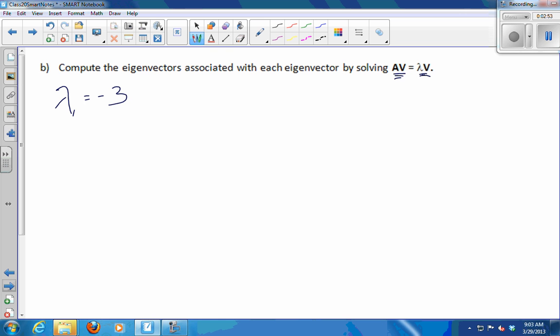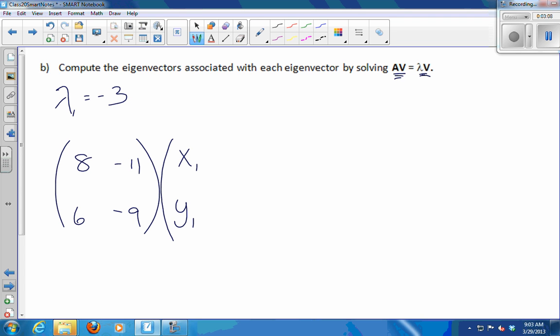To find the associated eigenvector, we set A, which is 8, negative 11, 6, negative 9, times some unknown vector, we'll call it x1, y1. I put the 1 subscripts to remind me that this corresponds to lambda 1. It has to equal lambda, negative 3, times x1, y1. That's the definition of an eigenvector.